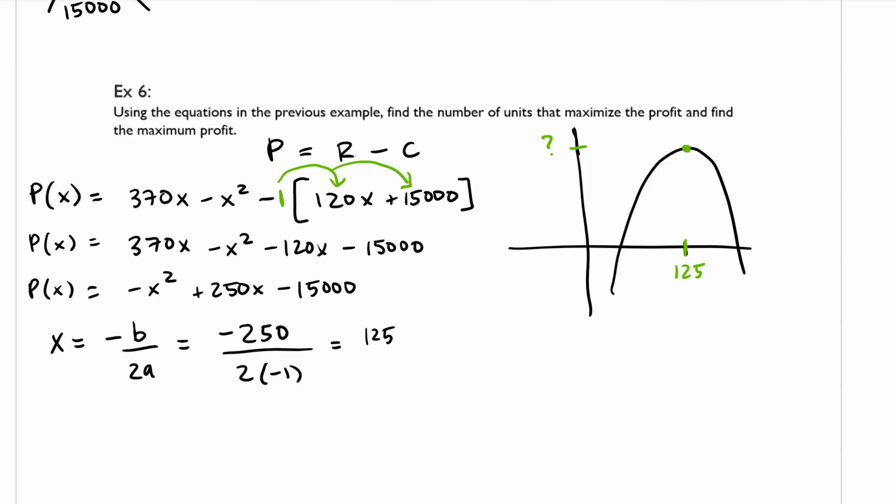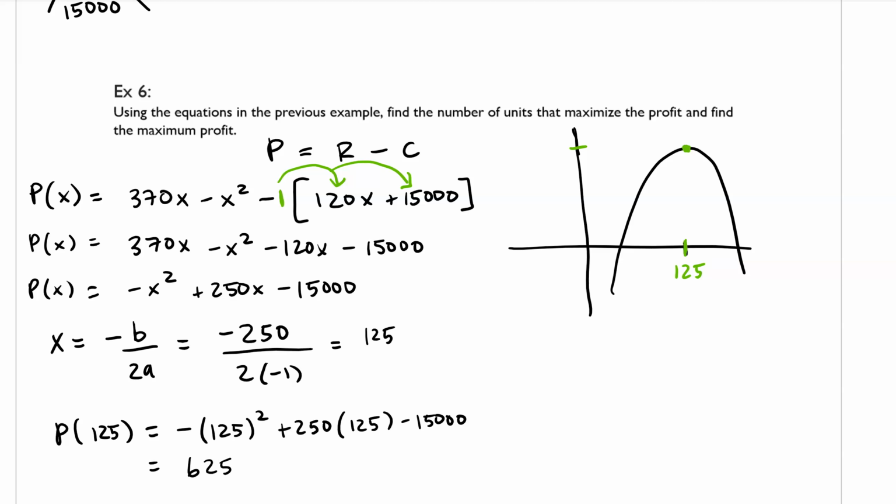Which would go there. And then if we plugged in 125 into our profit function, I went ahead and plugged that into my calculator, and I got 625.